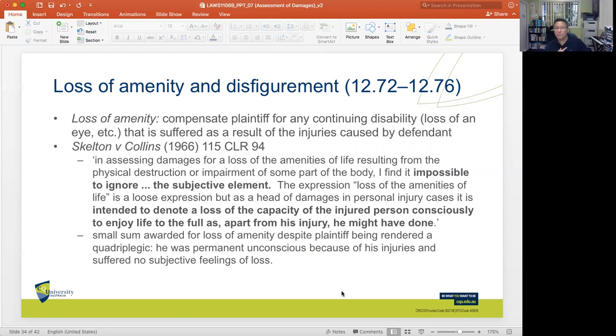He couldn't even perceive any subjective feelings of loss because he was unconscious, he was comatose. So the court awarded only a small sum for loss of amenities, even though objectively the plaintiff was rendered quadriplegic, because the plaintiff, given his permanent unconscious state, would have been unable to really suffer subjective feelings of loss.